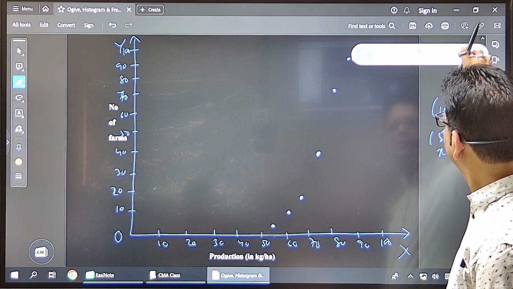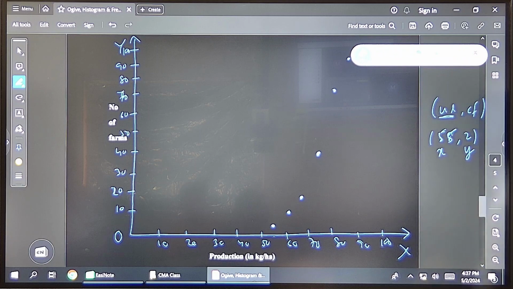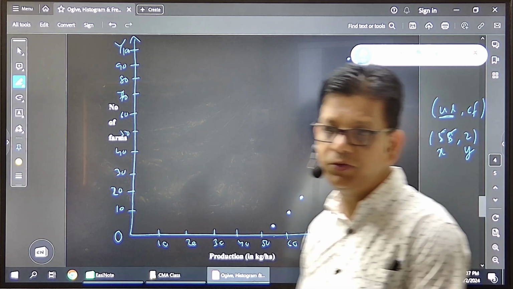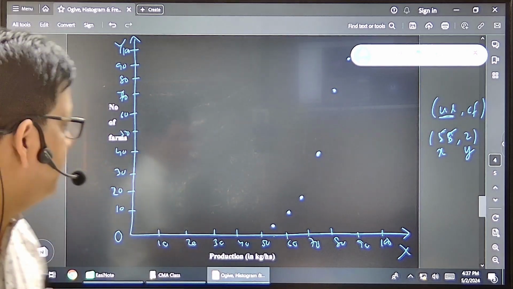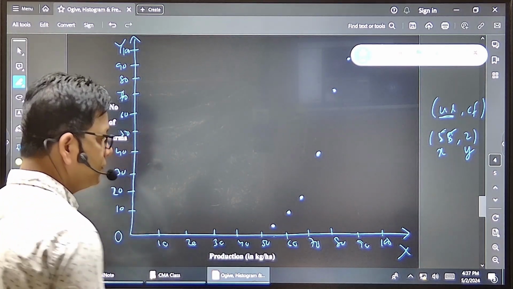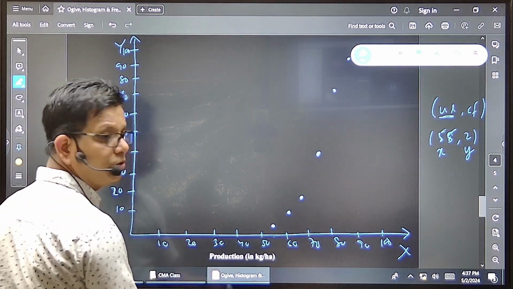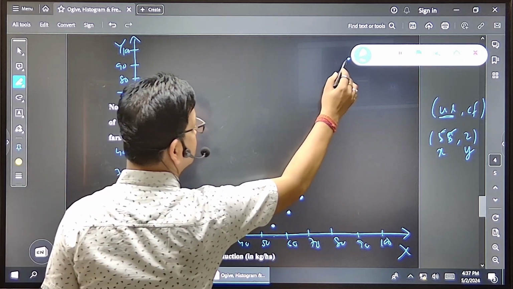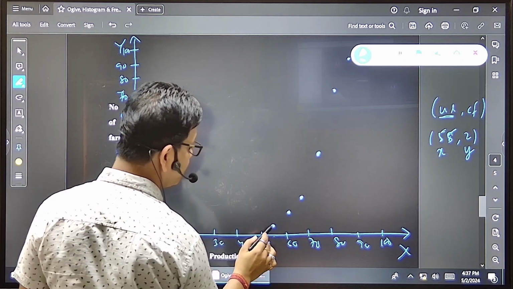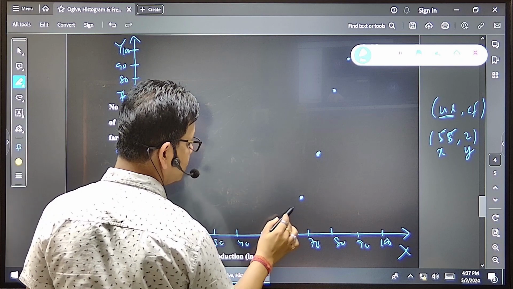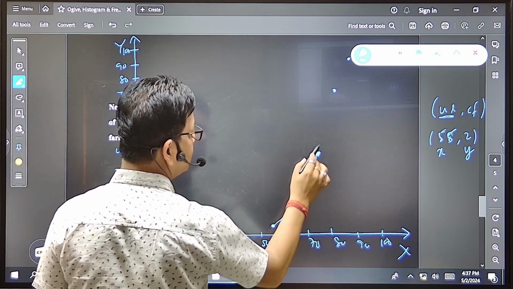All right. Now, points are ready. So if you now join that, and ogive is very unique. We don't use any scale or ruler. So we just draw a freehand curve. So this is always a freehand curve. Now we join the points in order. So the ogive goes like this.